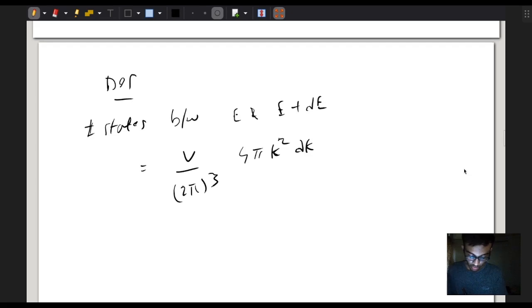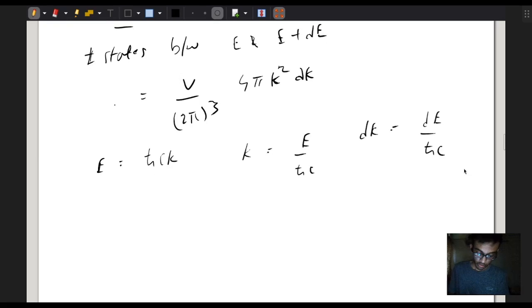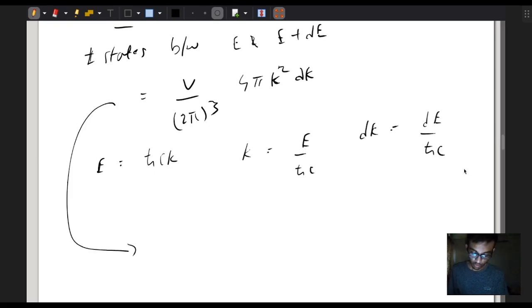We have E equal to h bar ck, so k is E by h bar c, and dk is dE by h bar c. That means this is equal to V by 2 pi squared times E squared dE by h bar c whole cube.